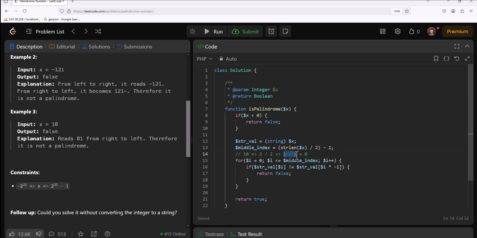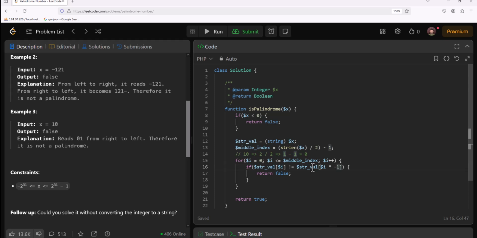In this loop, we have 0 until the middle index, which is 0. We got the error here because it's 0, and when we multiply it by -1, it doesn't work, because 0 multiplied by -1 is 0.